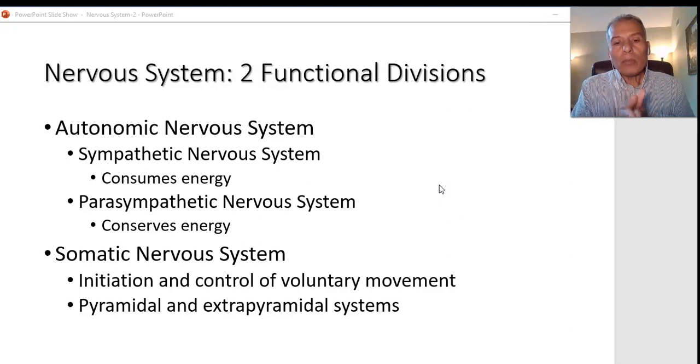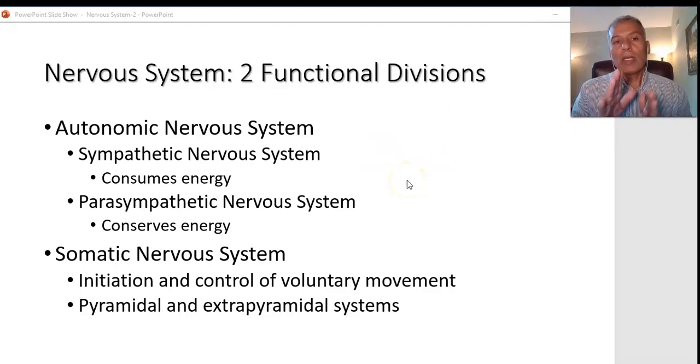But then there is the extrapyramidal system that also goes with that, where you have movement in addition to fine control of movement, so that you can direct the movement to the right target, so that you achieve precision, like when you play sports or when you dance, or when you want to touch something or to fix something. So you need to have both the gross motor functions and the fine motor functions.